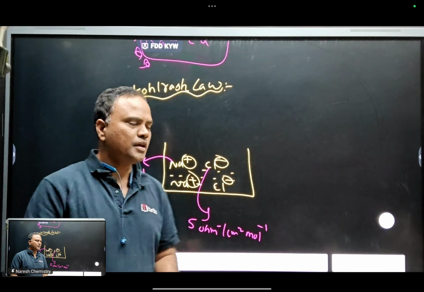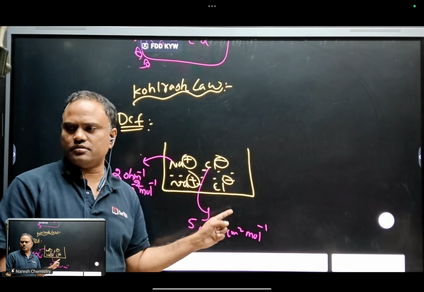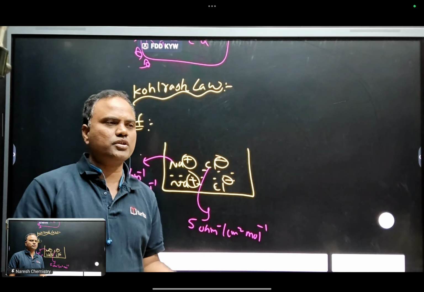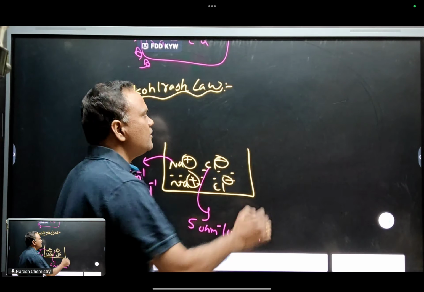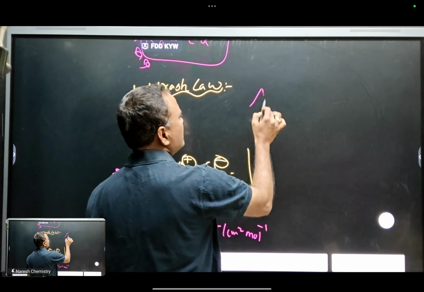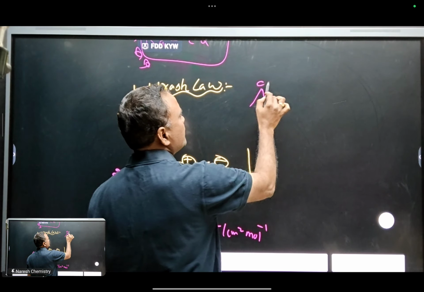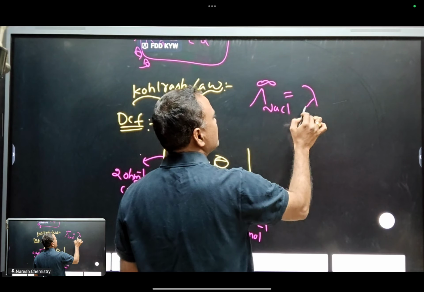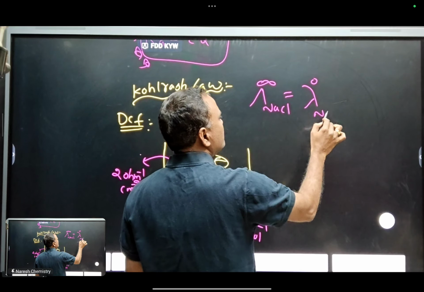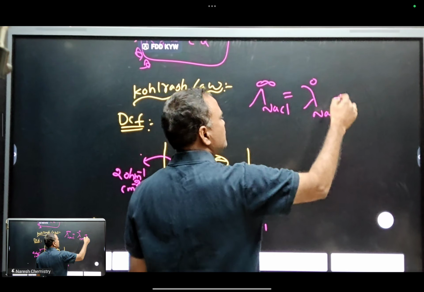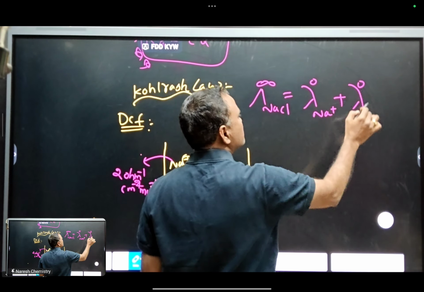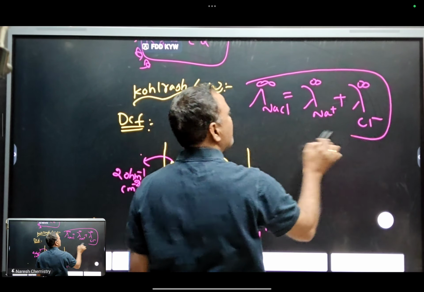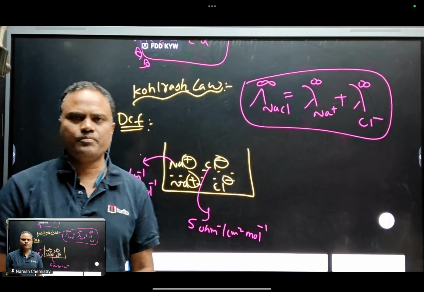According to Kohlrausch law, the conductance of an electrolyte, NaCl is the electrolyte, BaCl2 is an electrolyte, it may be equivalent conductance or molar conductance at infinite dilution, for NaCl is equal to the sum of the conductances of the individual ions: conductance of sodium ion plus conductance of chloride ion. Infinity or zero, both are the same.